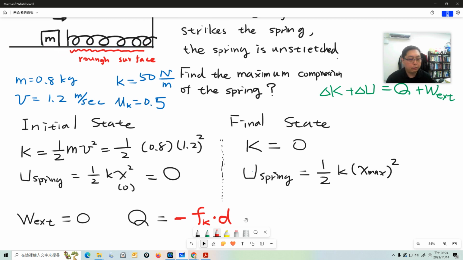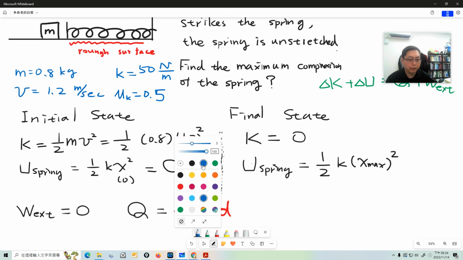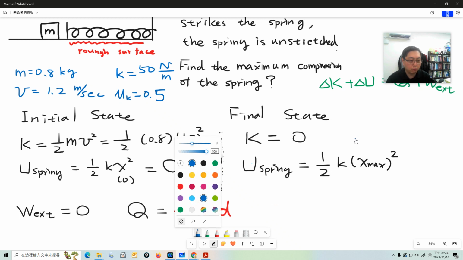What's the friction force? How to calculate the friction force? The friction force normally is proportional to your normal force.